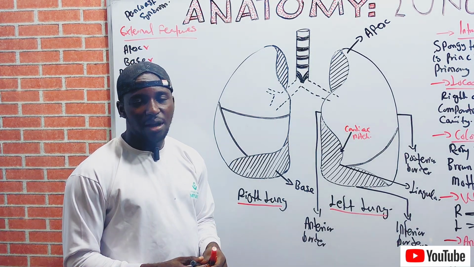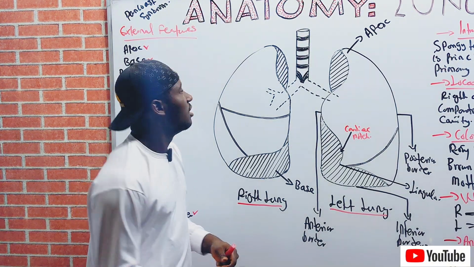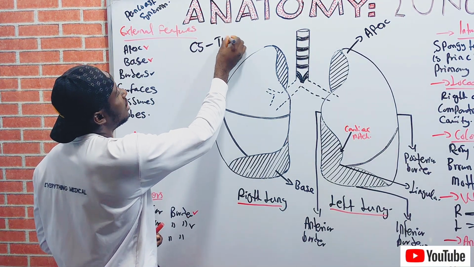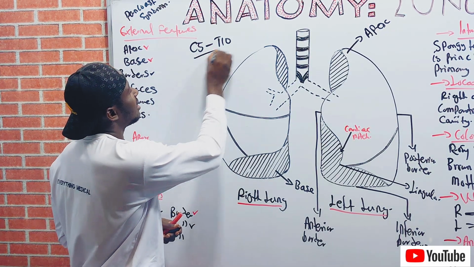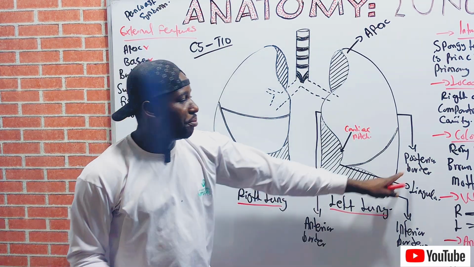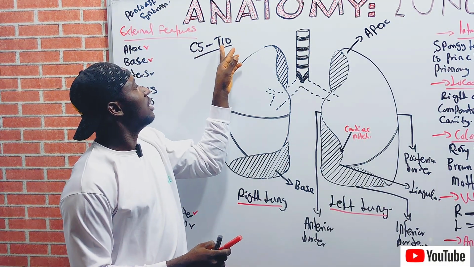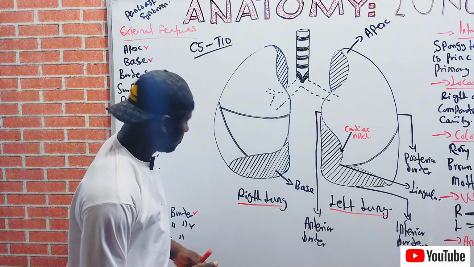I mean to the 10th, not the 5th. It extends from C7 to T10. So this is the extent of the posterior border, from the seventh cervical vertebra to the 10th thoracic vertebra.